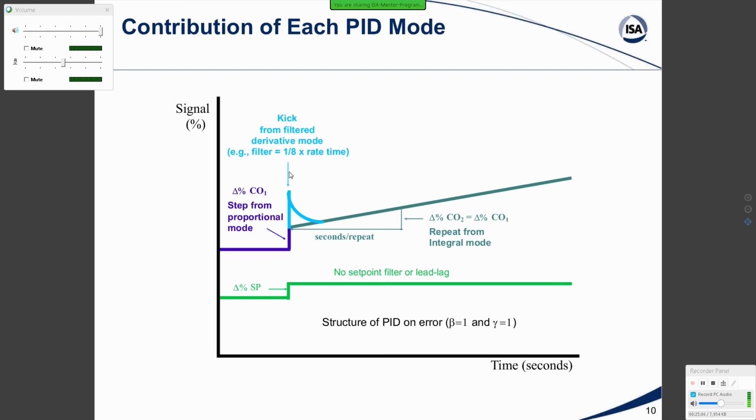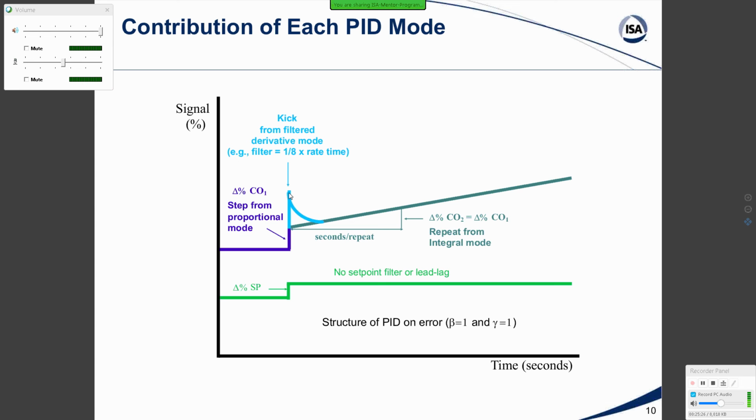Some PIDs and some PLCs may not have this built-in filter, and somebody can adjust this filter and maybe set it to 0 or to a smaller number, not knowing the consequences.